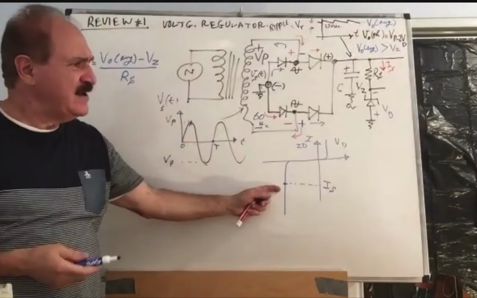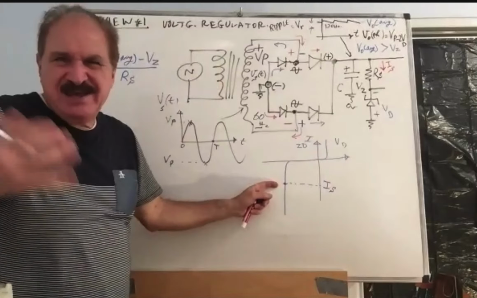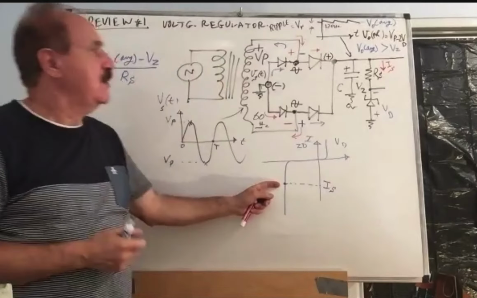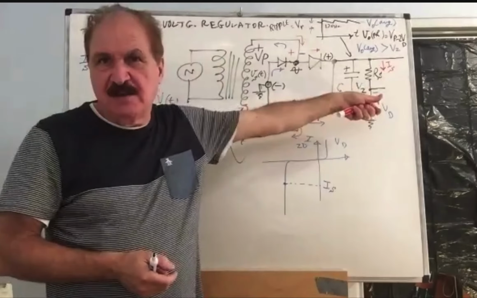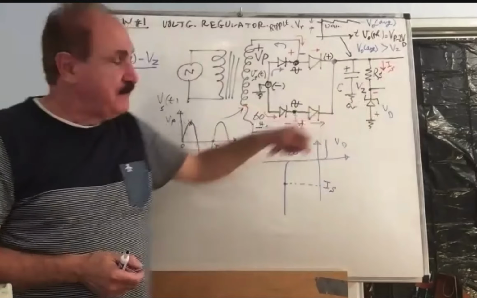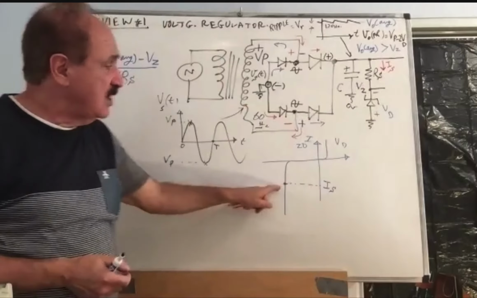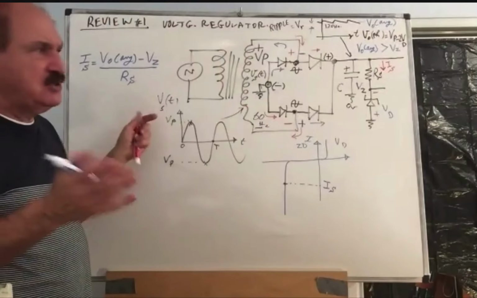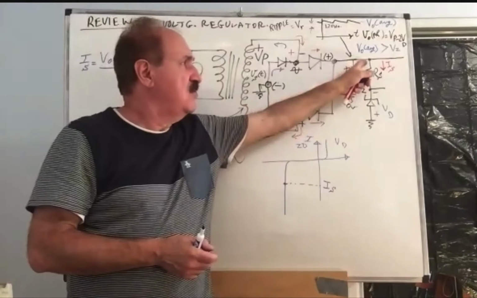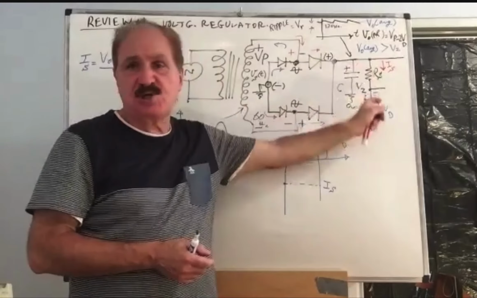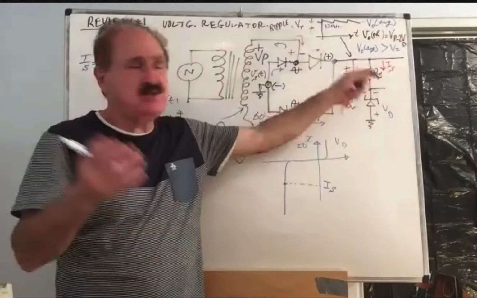Why is it drawn in the negative region? But take it as a positive number because of the flipping that took place right there. So the value of IS can be predicted with that equation very simply. The difference between here and there is the voltage drop on the RS, divided by resistance gives you the current.